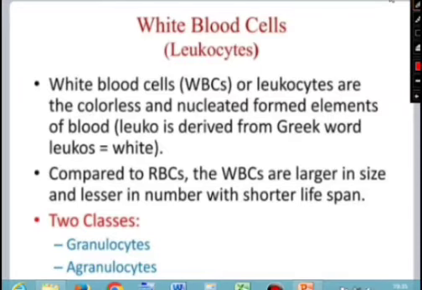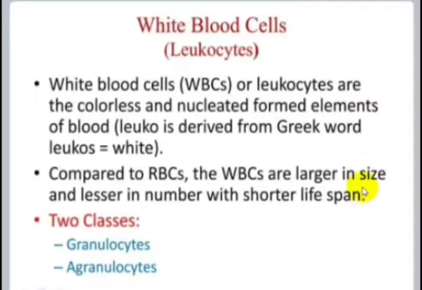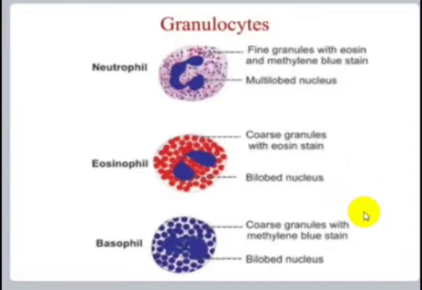They lack small or large granules in their cytoplasm. Going forward, let's look at granulocytes in detail. Alright? I said granulocytes are white blood cells with small or large granules in the cytoplasm.